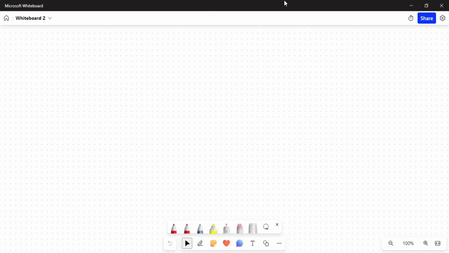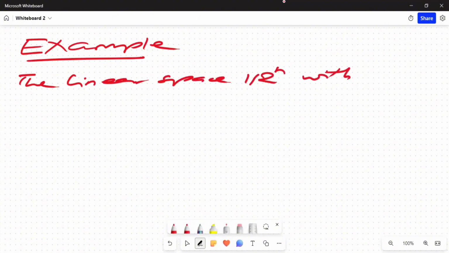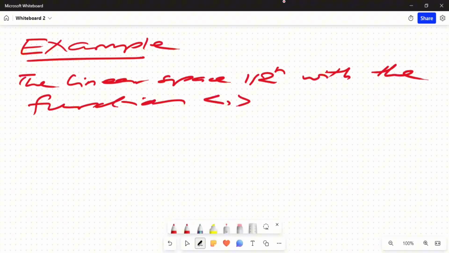So I give some examples. Example: the linear space Rn with the function inner product defined for arbitrary vectors.